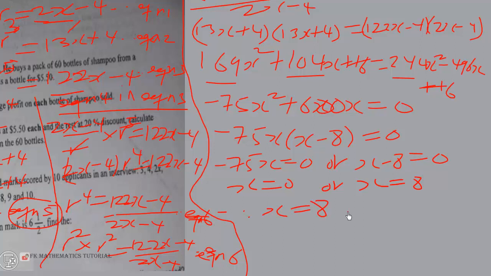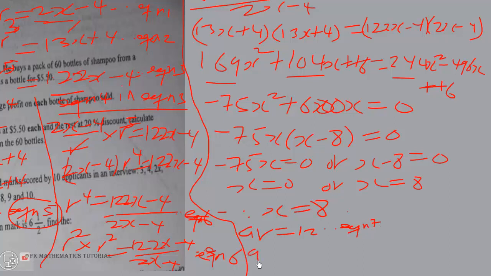Now, when x equal 8, we substitute x equal 8 into equation 1, which will give us AR is equal to 2x minus 4, that is 16 minus 4, which is 12. So we can call this equation 7. Then we also put 8 into equation 2.